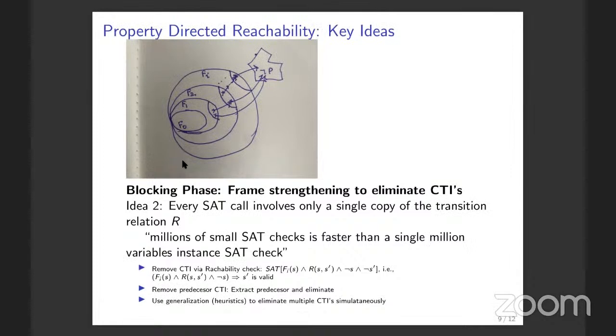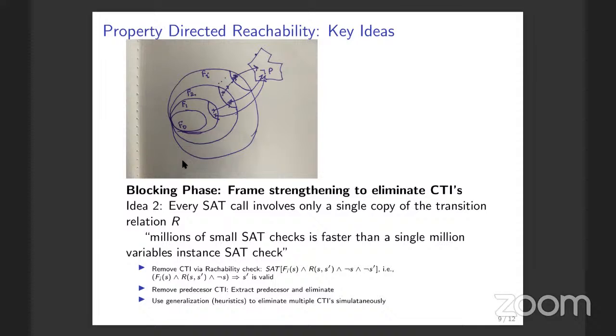What you're saying is, why not keep them as BDDs? Of course, you can do things. I don't know if it will be more efficient. I think the point of the million small SAT checks being faster than a single million-variable SAT instance, I don't know how that would transfer to the BDD situation.